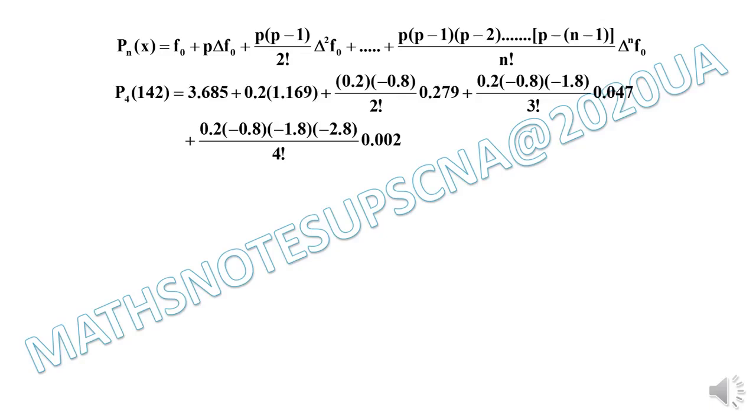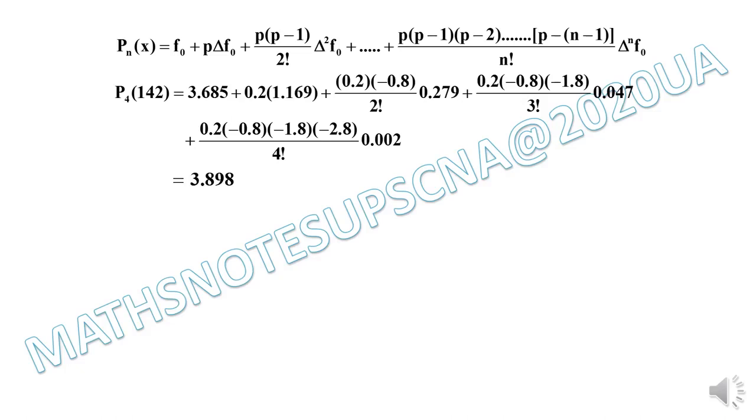P0 is 3.685. If we see the finite difference table, we are taking the top diagonal values. So next is 0.2, that is p, times ΔF0 which is 1.169, then p(p minus 1) upon factorial 2, then the second order difference first value. So we are taking all the first values in the differences, so 0.279 and so on.